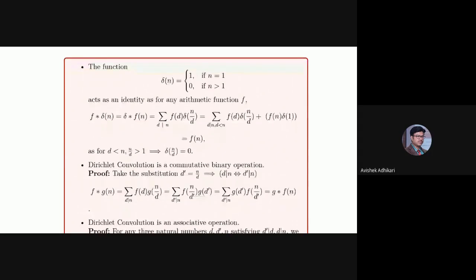Now check that f * delta (n) is nothing but delta * f (n), as we have shown that this is a commutative binary operation, and then the sum over d dividing n of f(d) delta(n/d). We break the summation as we consider the divisors of n which are less than n, and at last we consider when d is equal to n.